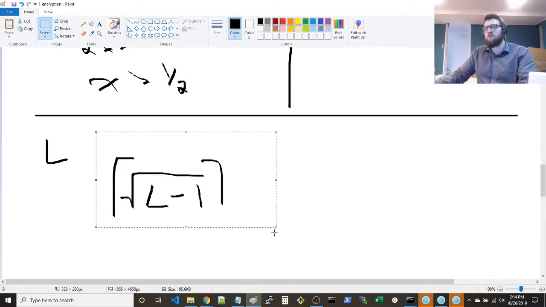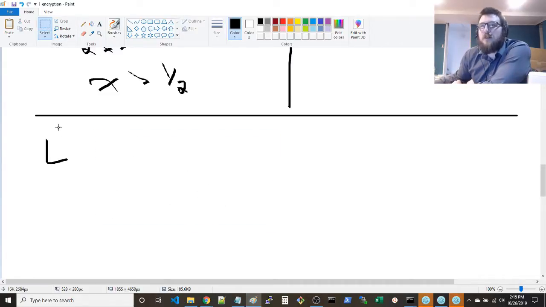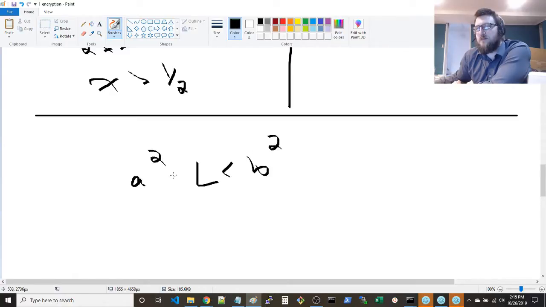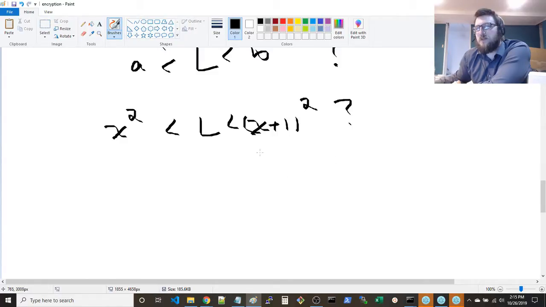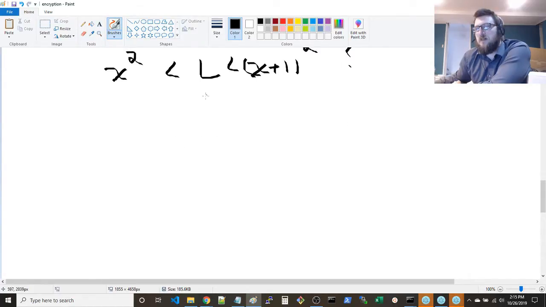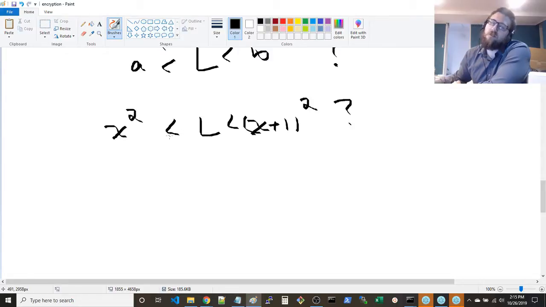Now, how do you know which neighboring perfect squares there are for a particular L? How do you find X such that, because if you knew X in this instance, basically you can show that L is either X squared or X plus 1 squared.